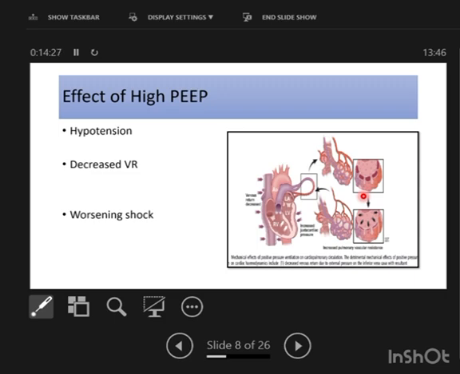High PEEP, we already know the heart-lung interaction, and because of high PEEP there is more positive pressure, less venous return, and more chances of hypotension in this patient. But in ARDS, is it true? It's not true. Why are we going for high PEEP? Because lung compliance is poor, and the pressures are not transmitted. Because of poor compliance, the transpulmonary pressure is not that much.